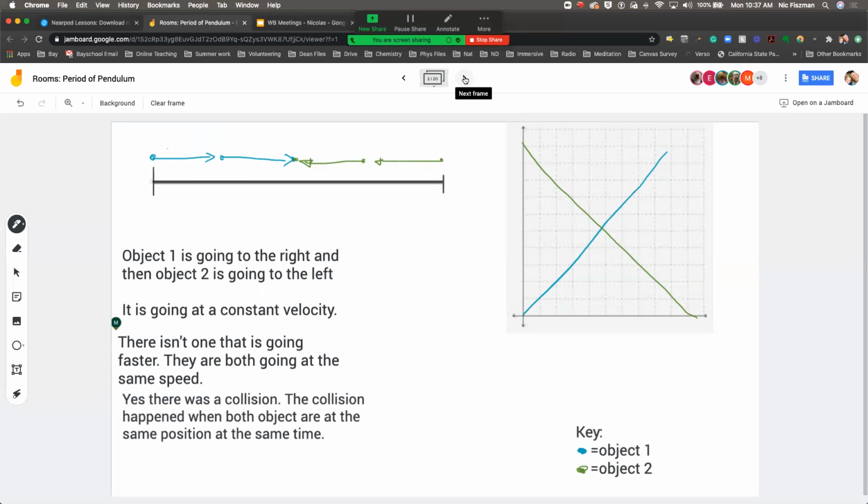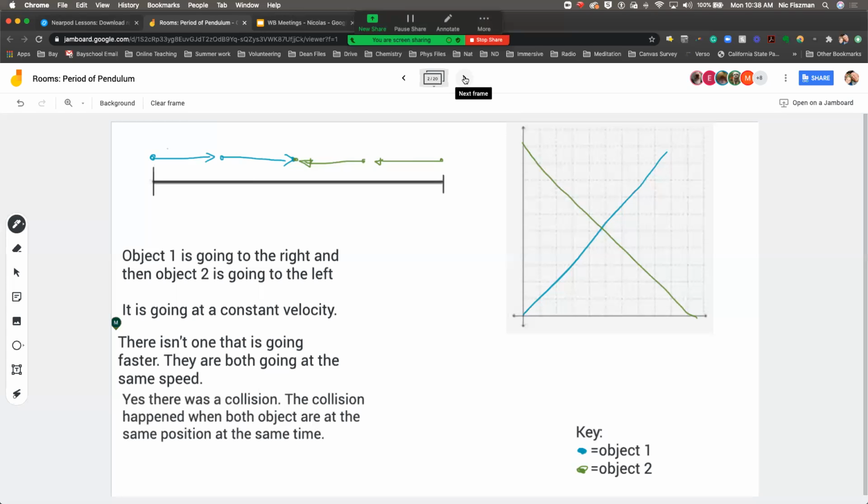Yeah, we didn't have our screenshots, so we just made a really quick sketch of what it looked like. In the graph, it seems like one is going downward and one is going upward, and then they collide when both lines meet.